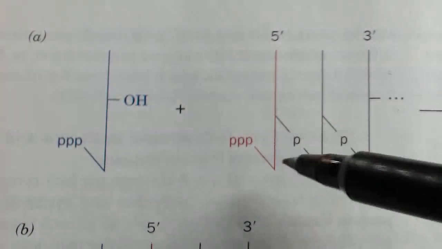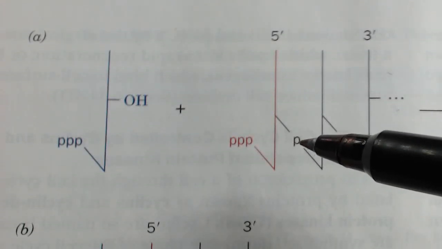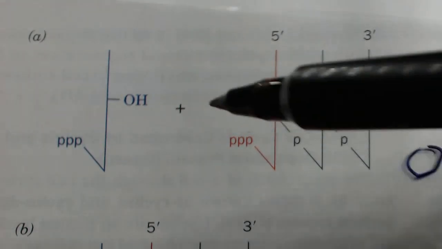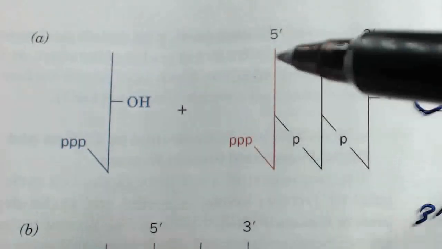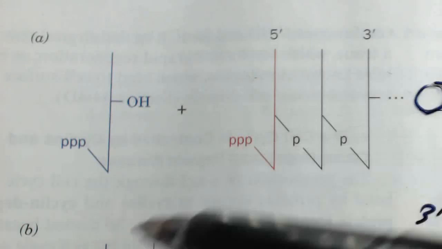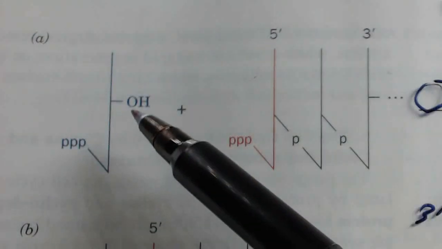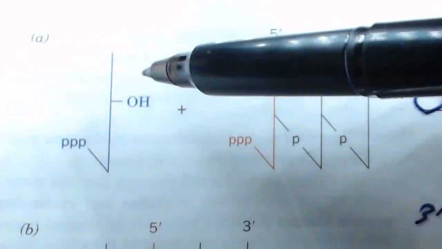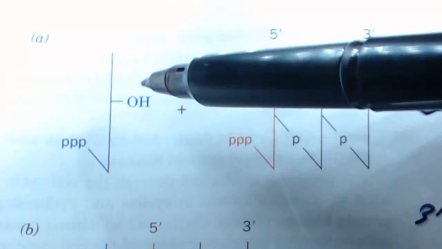And what we require for polymerization to occur properly is one triphosphate. That's what we have here, this one. And we also require one free 3' hydroxyl group. That's what we also have here, right? So one free triphosphate, as well as one free 3' hydroxyl group, right?